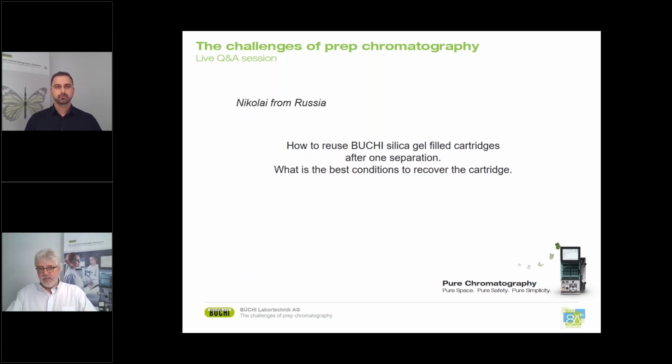Or better, we discussed the solid loading already, and that's another advantage that I didn't mention, but that comes in very handy for this question here. If you use the solid loader, you only elute what is soluble in the mobile phase. So anything which is present in the sample, which will not dissolve, will stick on your solid loader and will never make it into your column.